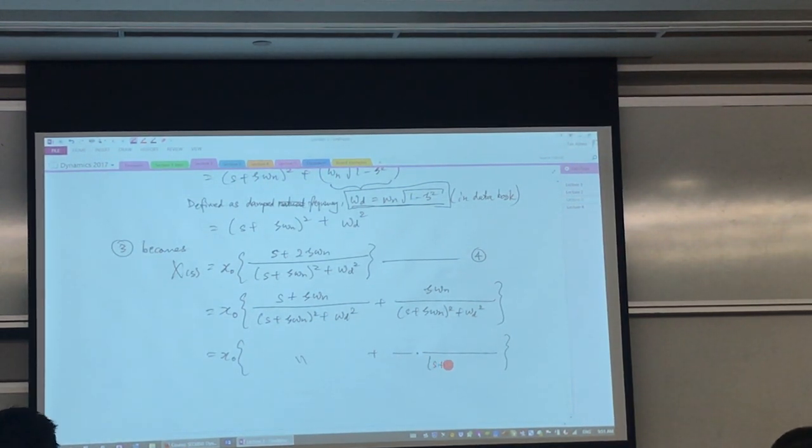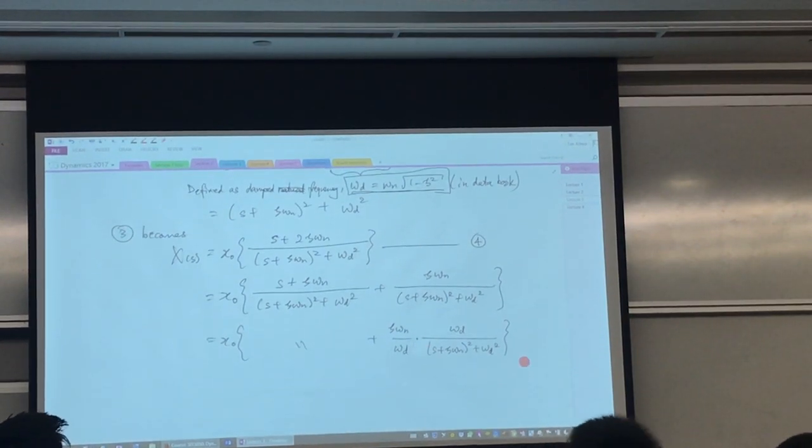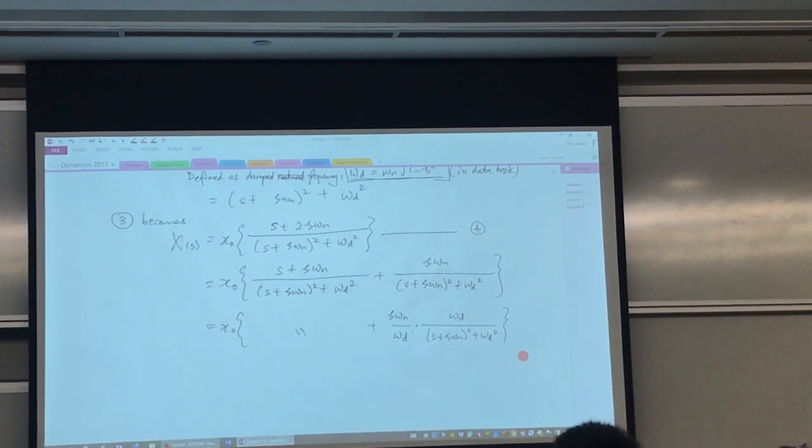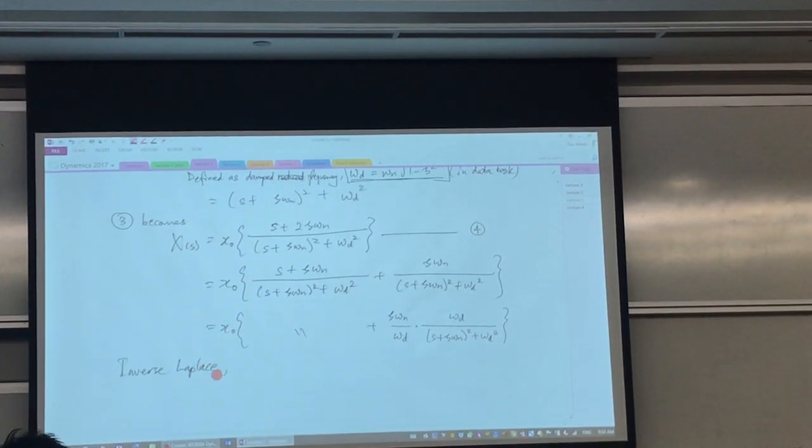So this denominator plus omega d squared is going to stay. This numerator over here, I'm going to bring this zeta omega n over here, and then have the omega d up there, omega d down there, so that I've not done anything like adding a new term to it. So now we can do the inverse Laplace.